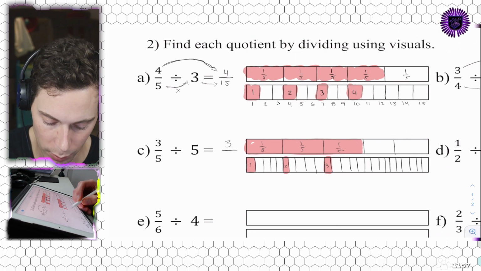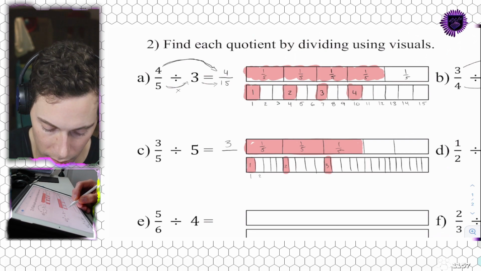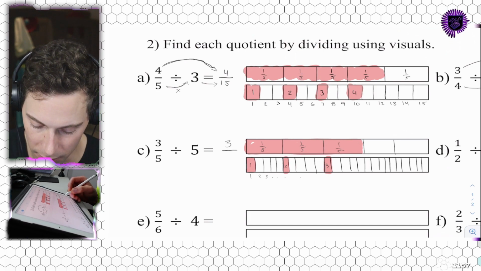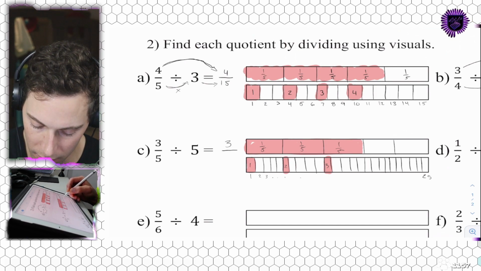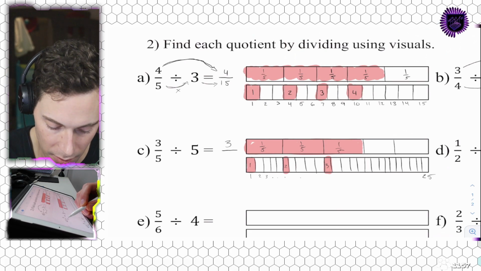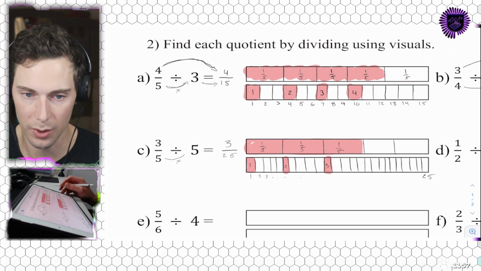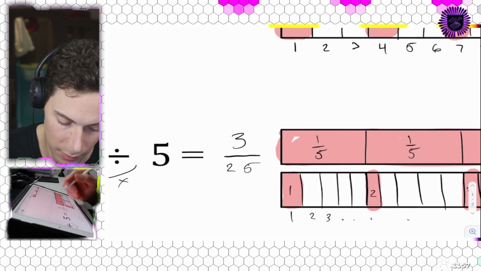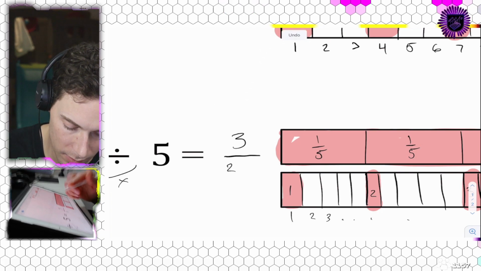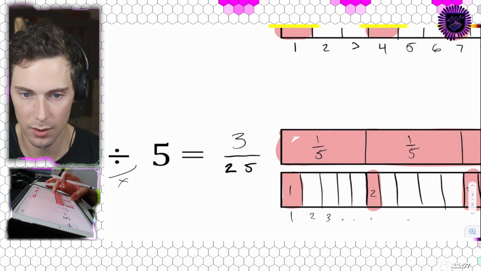And then we have 25 total spaces, all the way to 25. It's 5 times 5, right? It's 25. 3 25ths.